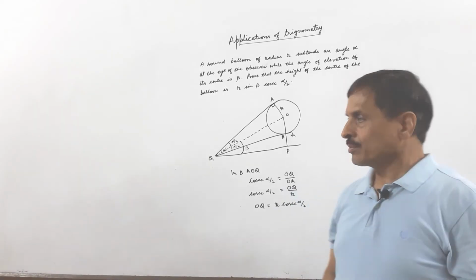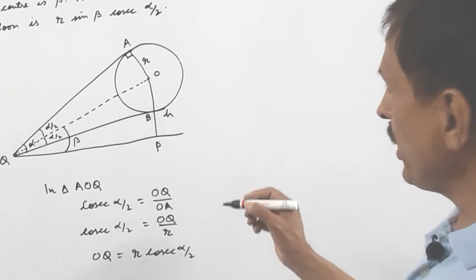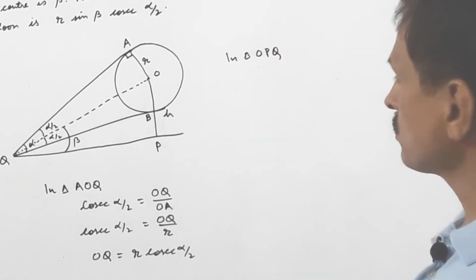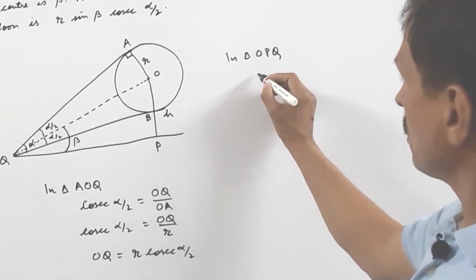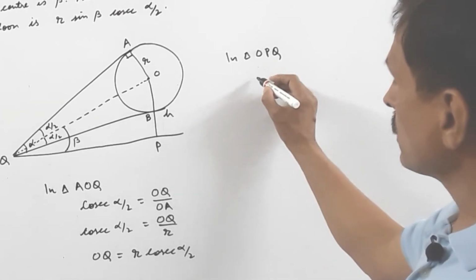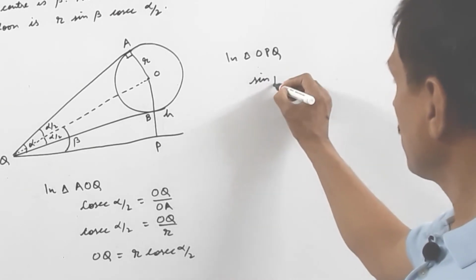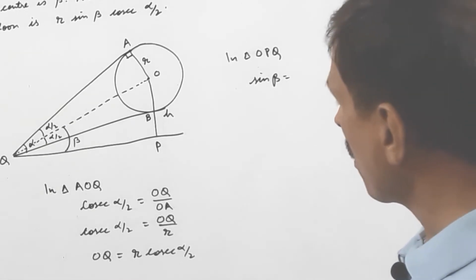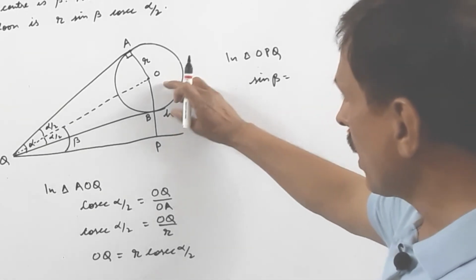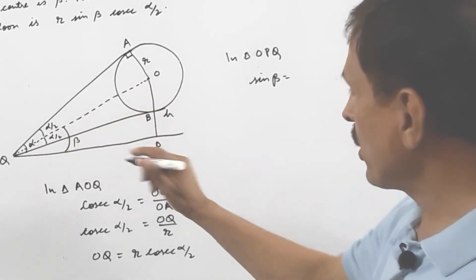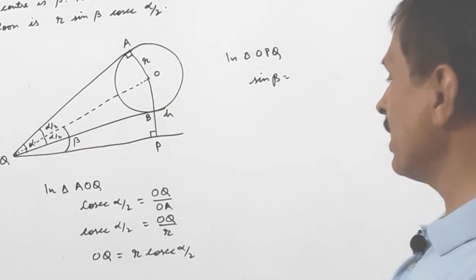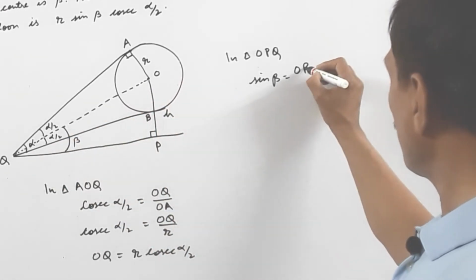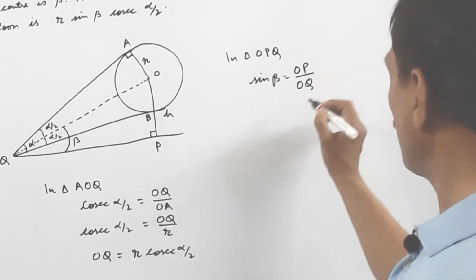Now we consider triangle OPQ. In triangle OPQ, sin beta is equal to perpendicular upon hypotenuse, because this is the perpendicular OP and this is the hypotenuse OQ, so sin beta is equal to OP upon OQ.